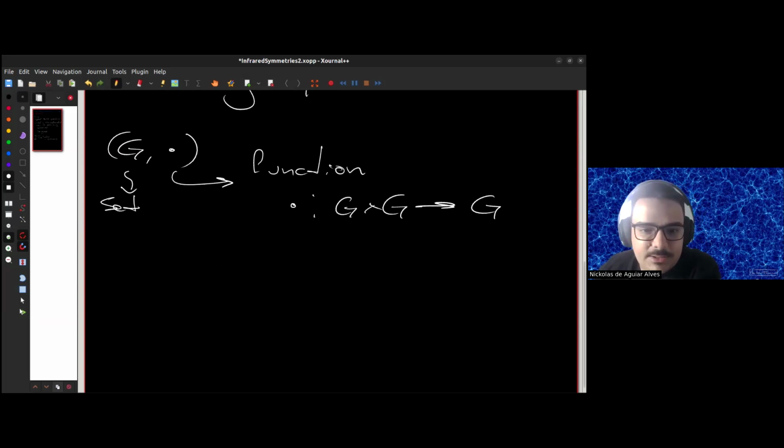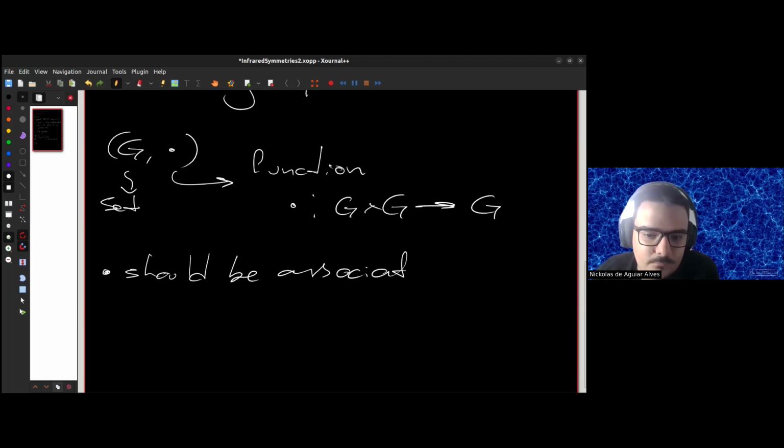So you have the set, you have this product, and you need a few conditions for us to call this pair a group. The first of them is that dot should be associative. By this we mean that you do not have to use parentheses when writing products of many elements of the group.